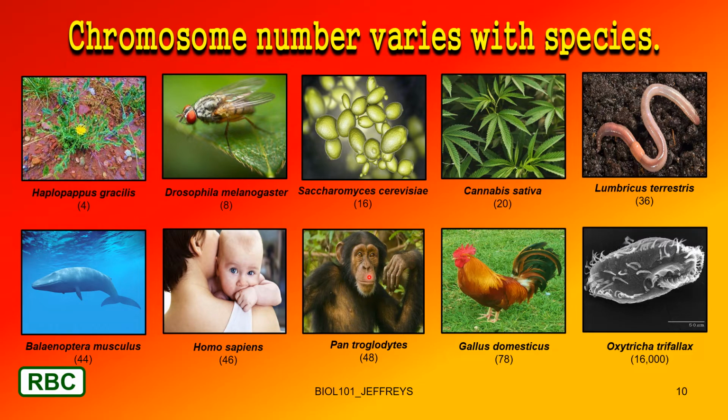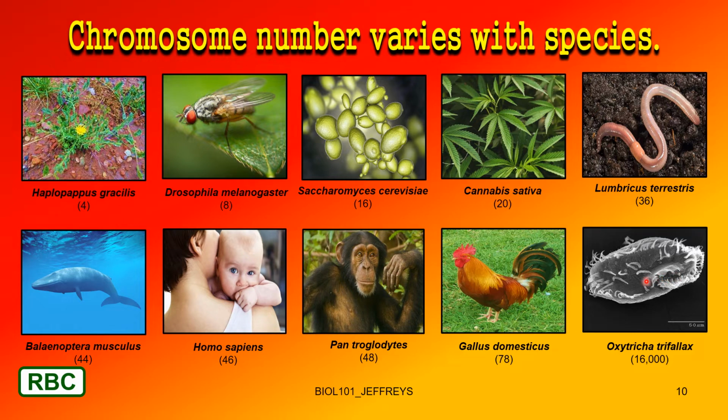But look at this. Here's Pan troglodytes, your typical everyday chimpanzee with 48 chromosomes. So they have 2 more chromosomes than we do. Interestingly, here's this rooster with 78 chromosomes, which is many more than even Homo sapiens. But what I found even more interesting than that was this single-celled organism.